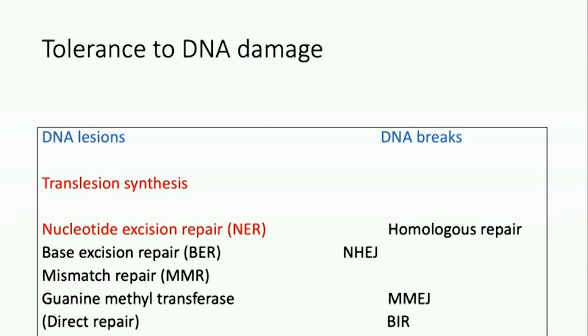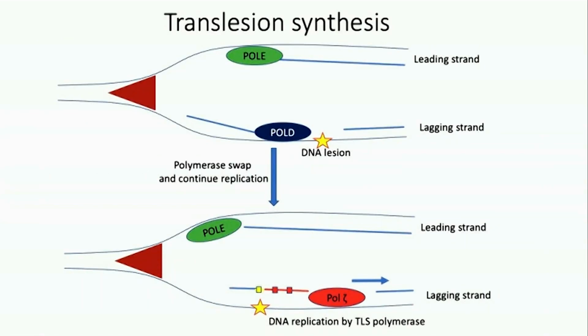So it's a really complicated process with a lot of redundancy, and it's actually really hard to say what the contribution of each repair system is in a healthy cell, for example.